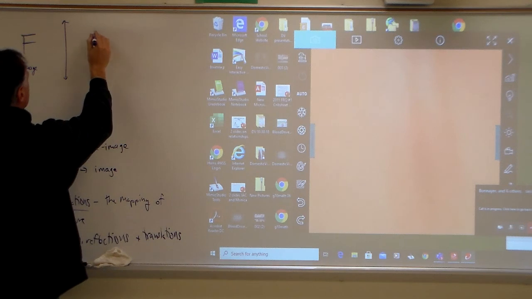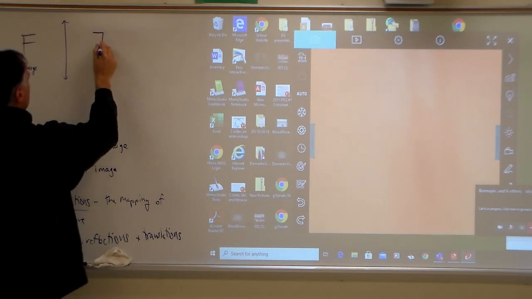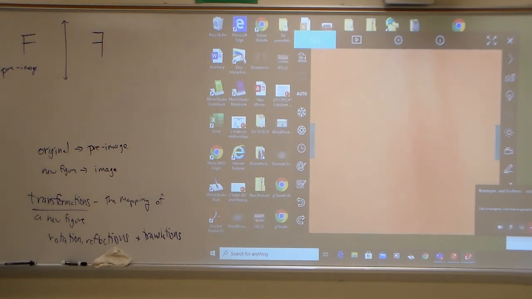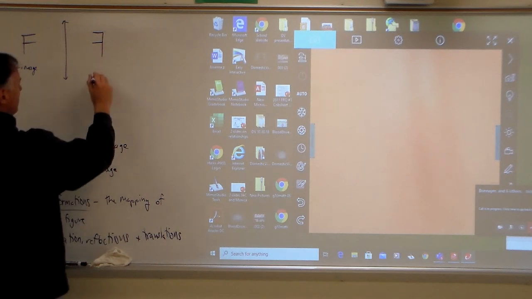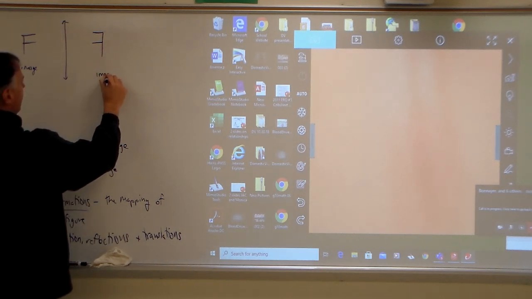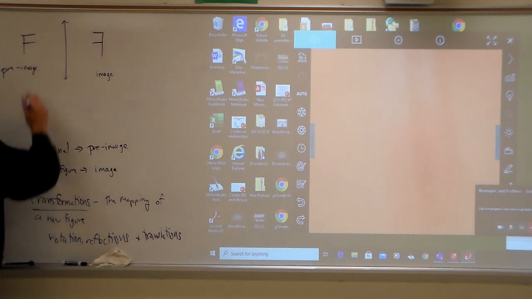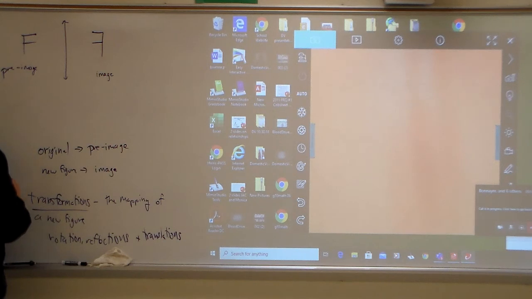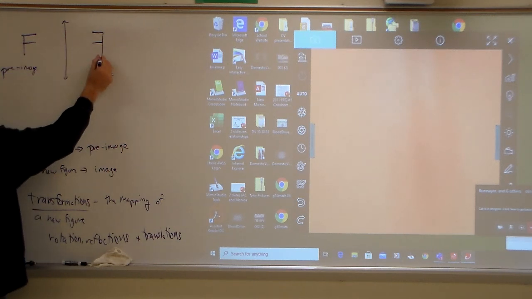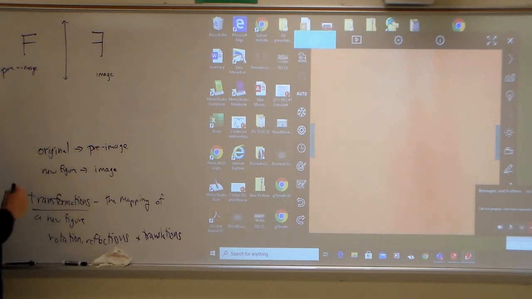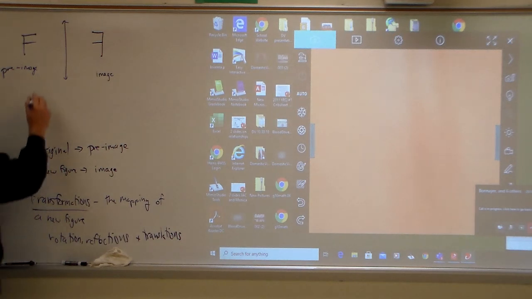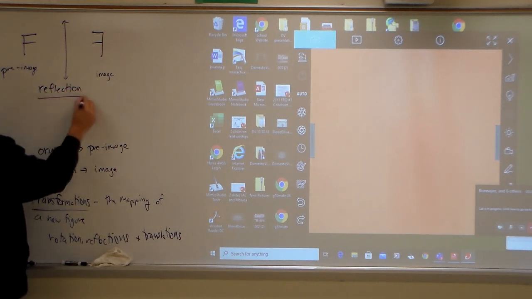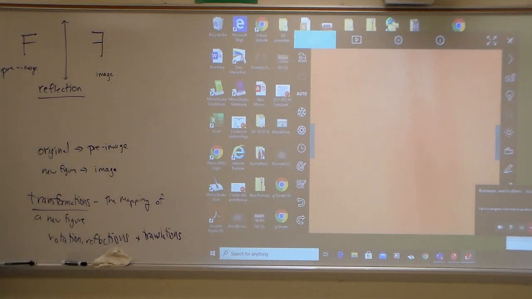Anything with me in drawing is never perfect. But that's the main idea. So here is your pre-image. Here is your image. This point here should line up with this point here. And this point here should line up with that point. And so on. So that's an example of a reflection.